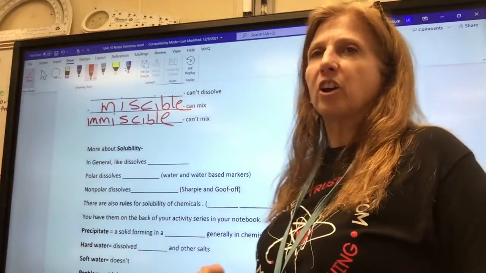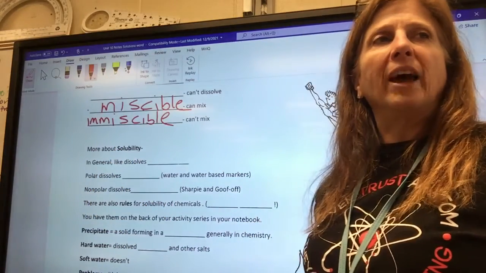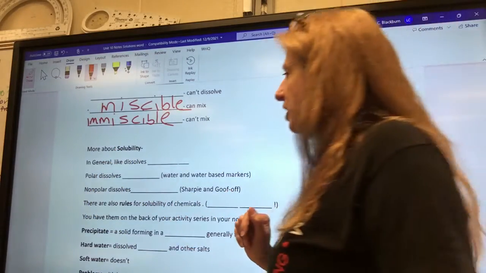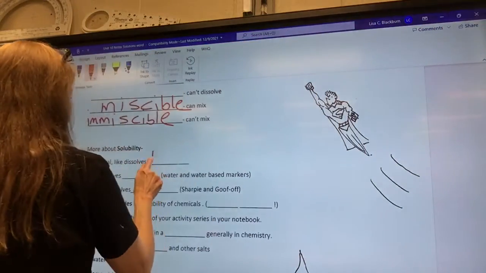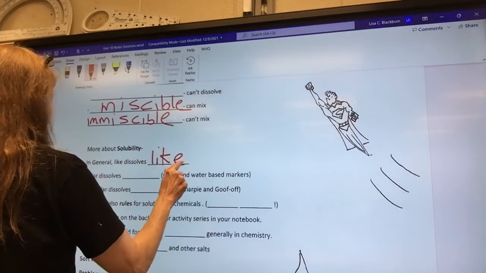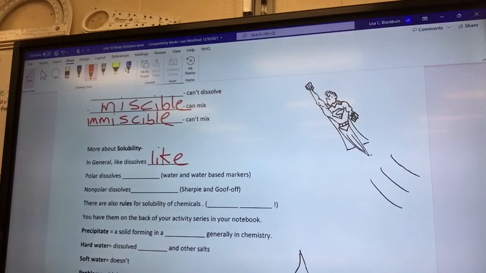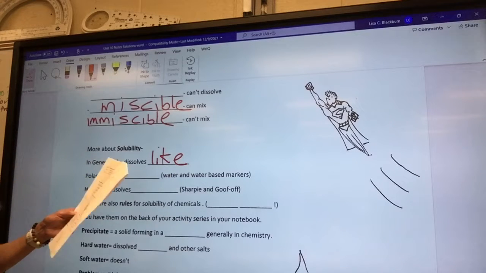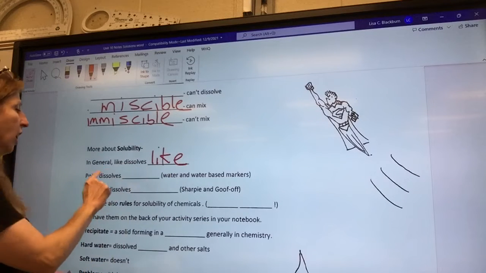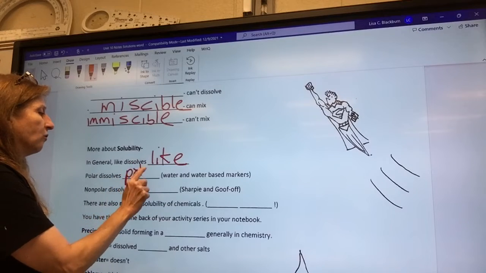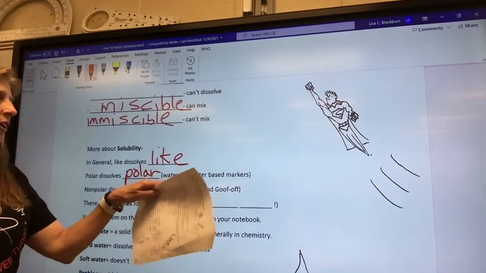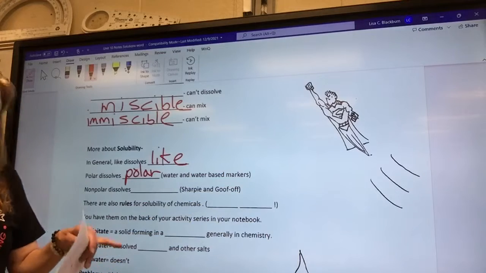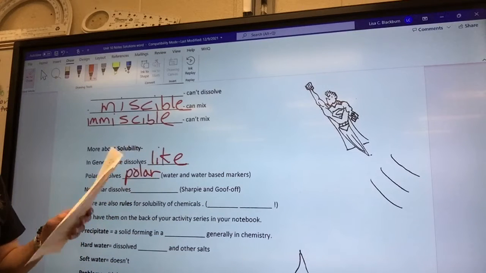Now, more about solubility. In general, we have a saying in chemistry: like dissolves like. Remember when we learned in Unit 4 about polar and nonpolar chemicals? Polar chemicals dissolve polar chemicals, like water can dissolve a water-based marker. And nonpolar is oil.